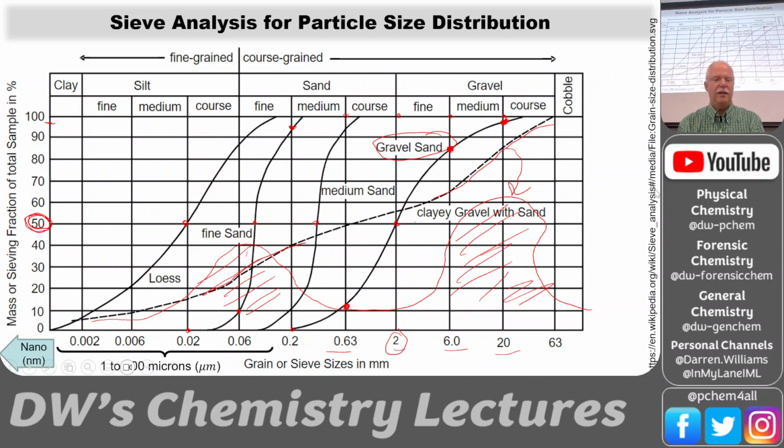Now, when we get down into the micron region, it's real hard to use sieves. Those particles are really small, they're also really light, and it's just a little bit more difficult to manage. So we start shifting over to other kinds of particle counting and characterization techniques. And when we get to the nanoparticles, we have to use light scattering. We can't use gravimetric anymore. Those particles are just too small.